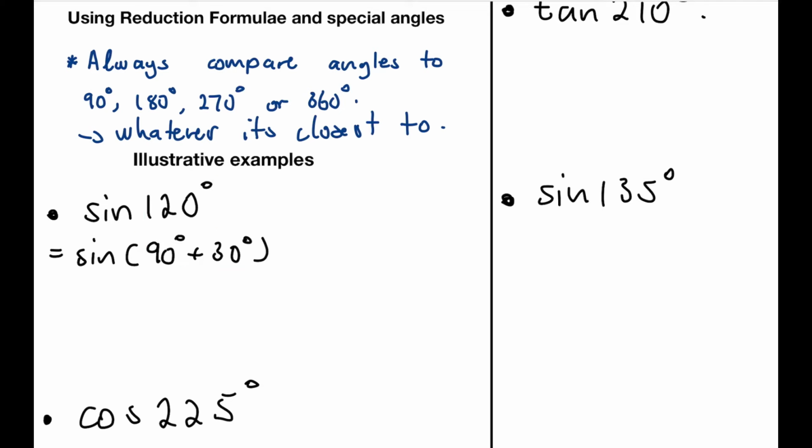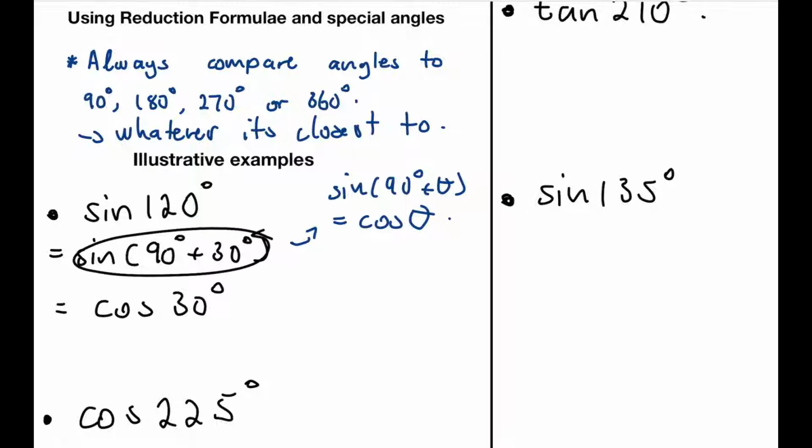Great. But now, imagine instead of 30, you had theta. What would you do if you had the sine of 90 degrees plus theta? Well, we know from cofunctions that would be cos of theta. For that reason, I'm now going to reduce this to be cos of 30.